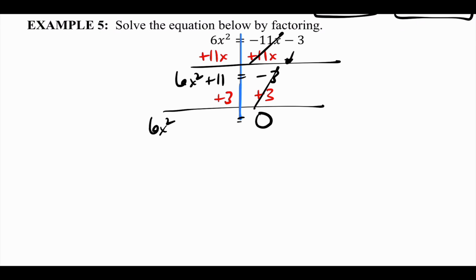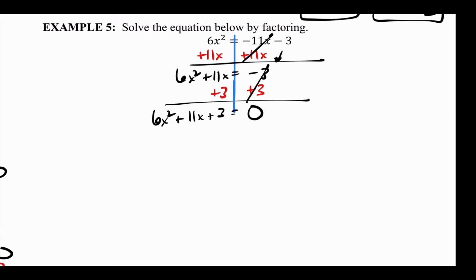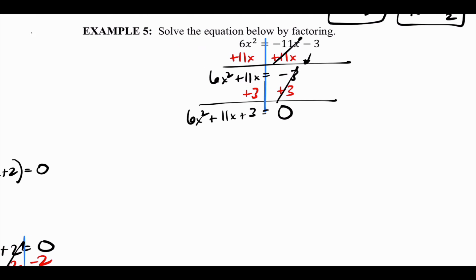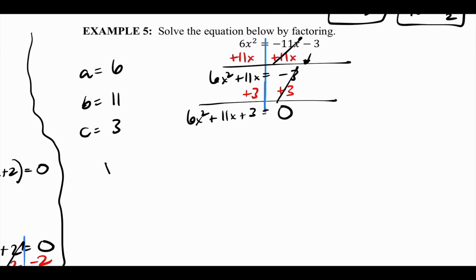So I get 6x squared plus 11x plus 3. Okay, so I go ABC. I go 6, 11, 3. 6 times 3 is 18.